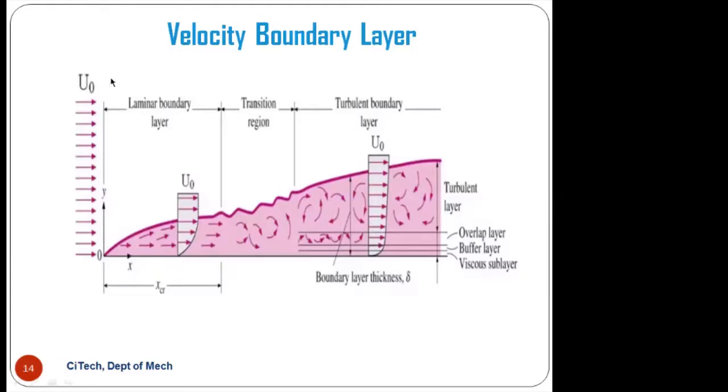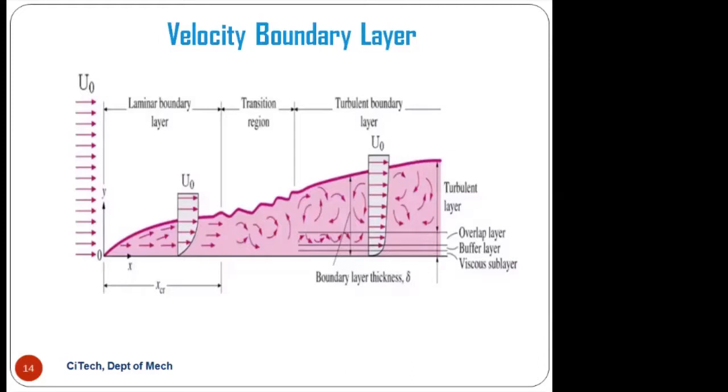In the case of laminar flow, as the length of the plate increases, the velocity boundary layer also increases. In the case of turbulent flow, the velocity of the fluid will be more.